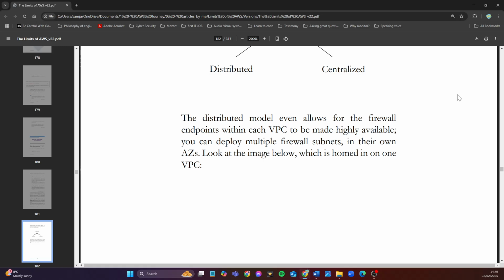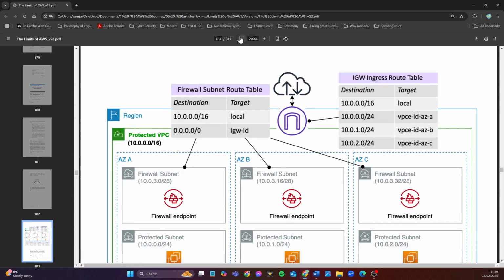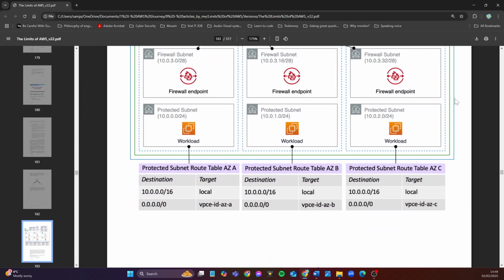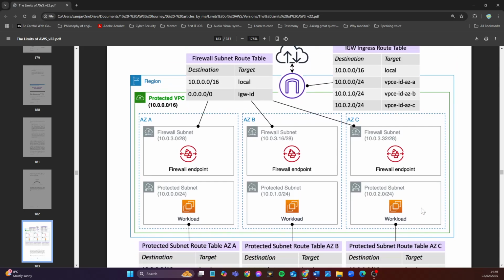The distributed model even allows for the firewall endpoints within each VPC to be made highly available. You can deploy multiple firewall subnets in their own AZs. Look at the image below, which is homed in on one VPC. So let's break down this image. You can see the green box is the VPC.